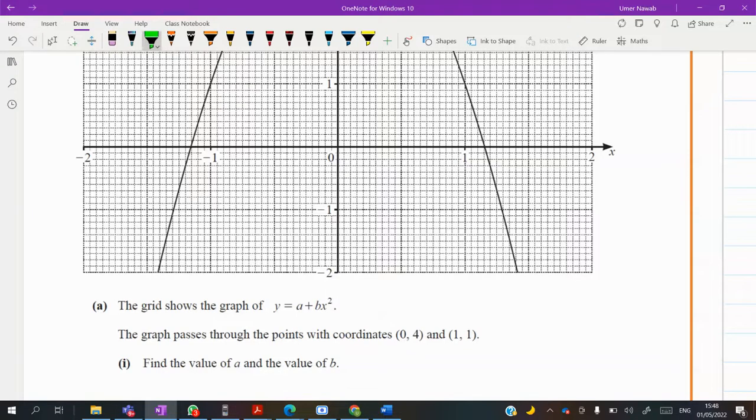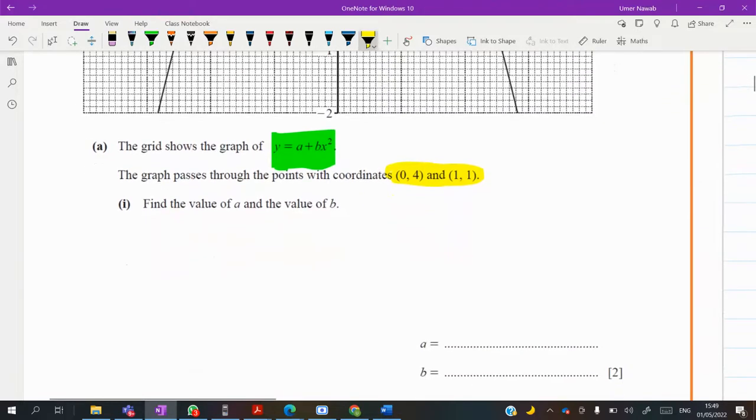It means the coefficient of x squared has to be negative. We will see. He said that the grid has shown the graph and it is passing through 2 points. So if any curve is passing through points, you can substitute those points into the equation of the curve one by one. So substitute this point.